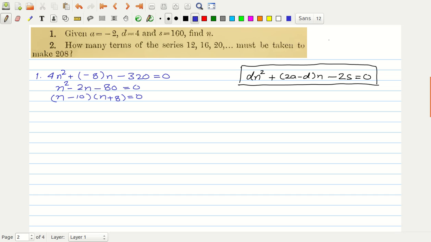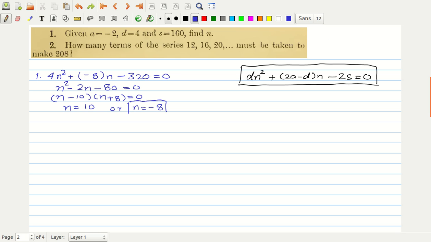So, we get n is equal to 10 or n is equal to minus 8. What we know is that if you add n terms starting from minus 2, you will get the sum 160. But what is the meaning of n is equal to minus 8?